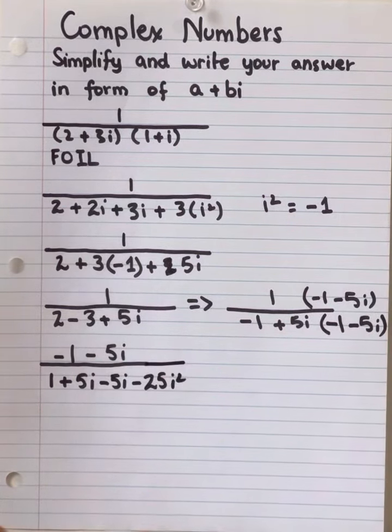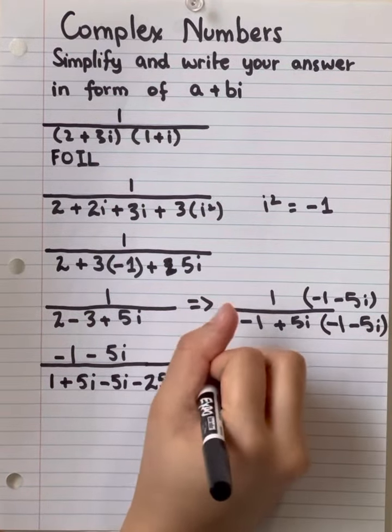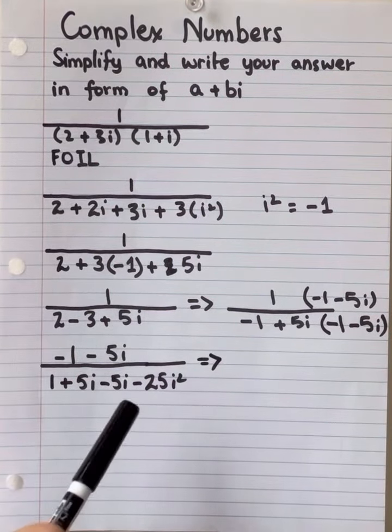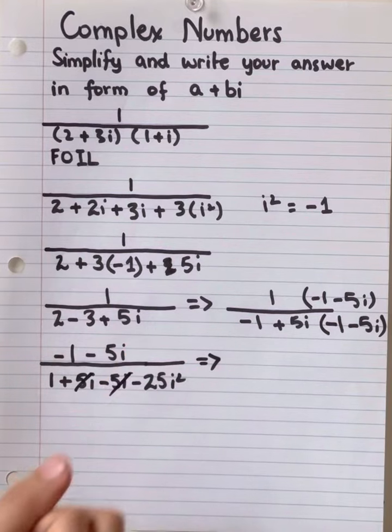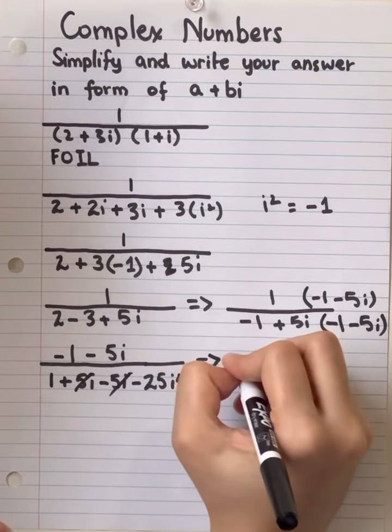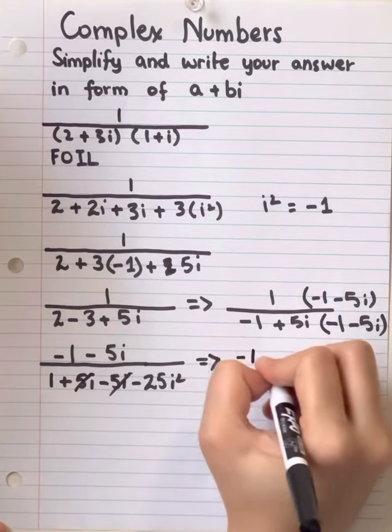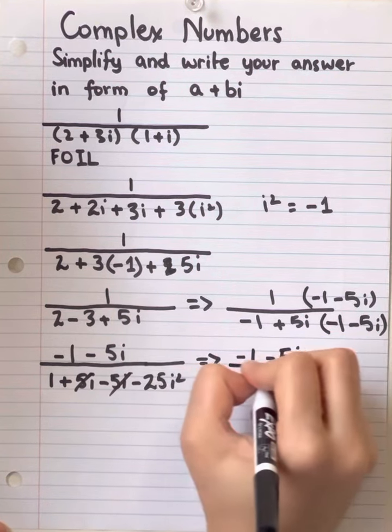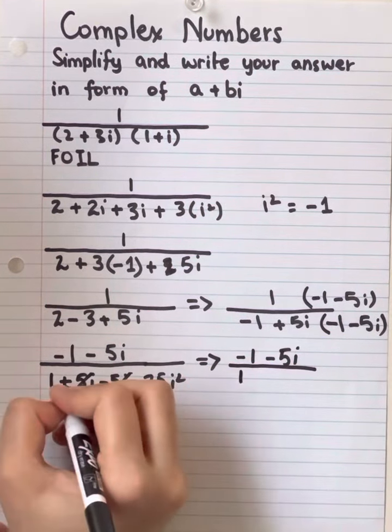There we go. Now, this one got cancelled. So here, -1 minus 5i divided by 1.